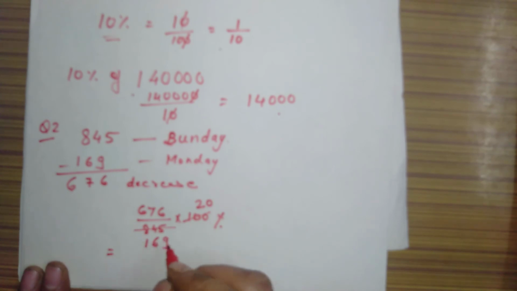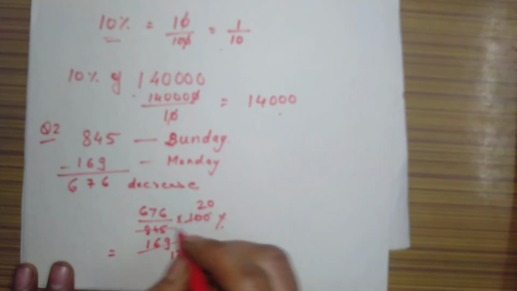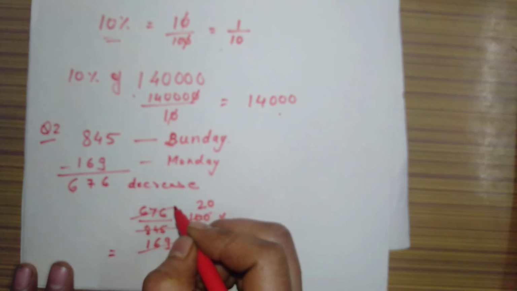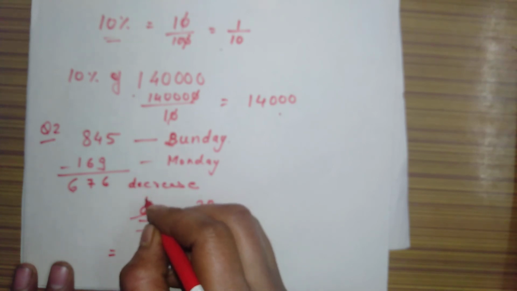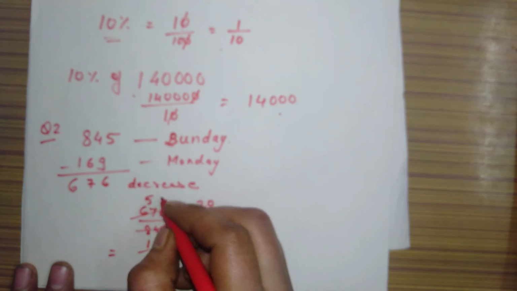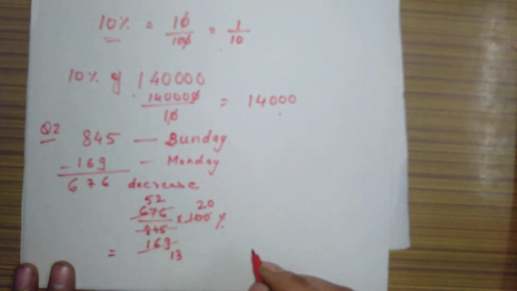Now 169 is divided by 13 times, and this we are calculating as 13 5s are 65 and 26, 13 2s are 26, 52 times.